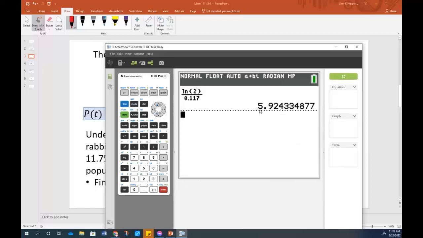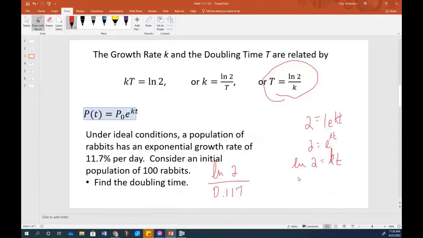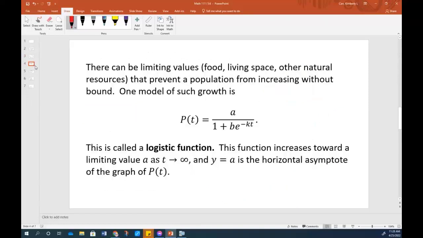Rabbits double, the number of rabbits double about every 6 days in ideal conditions. So this is approximately 6 days. Now you'll have maybe something else, but it's going to be very common for them to ask you to find the doubling time or find the growth factor if you know the doubling time. And so that'll be a simple division problem, okay?